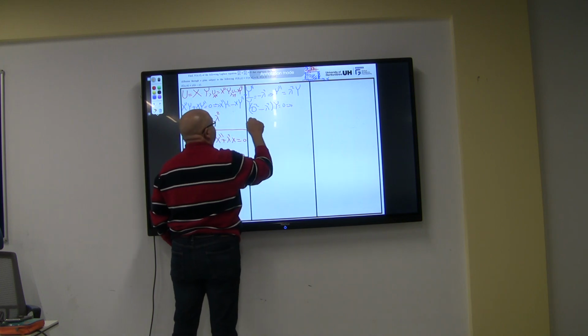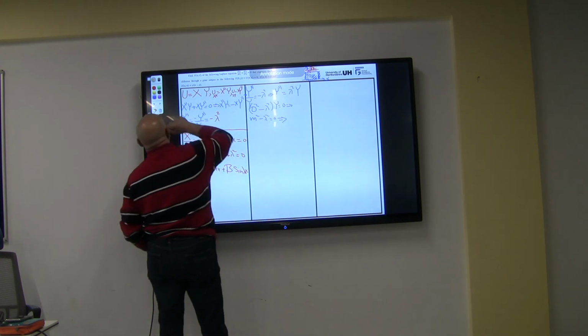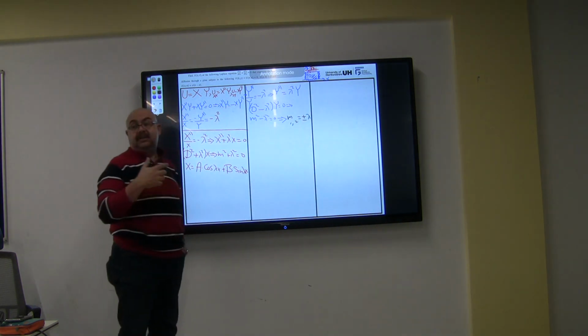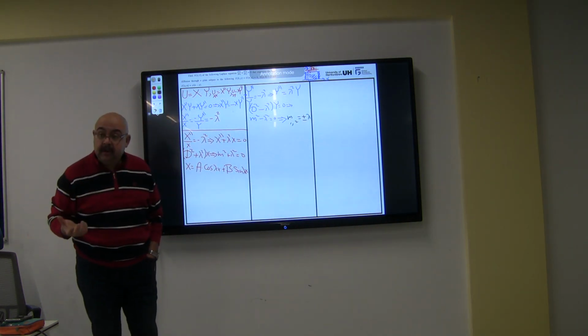And you have m square minus lambda square equal 0, that leads to m1 and m2 equal positive or negative lambda, which are actually real numbers.